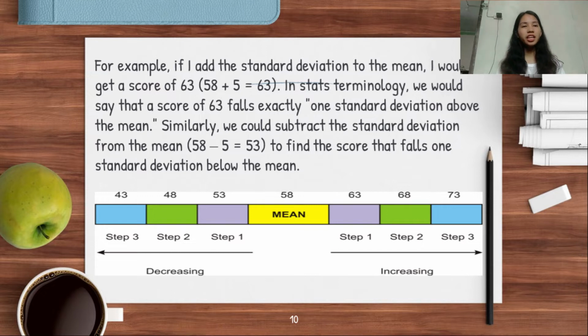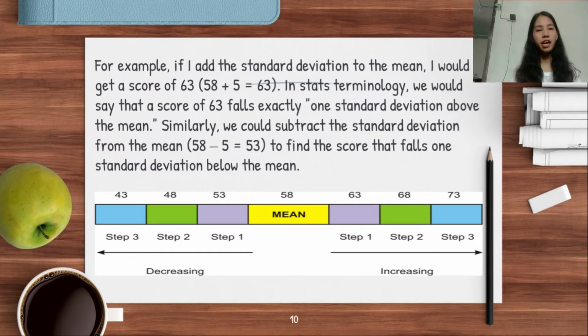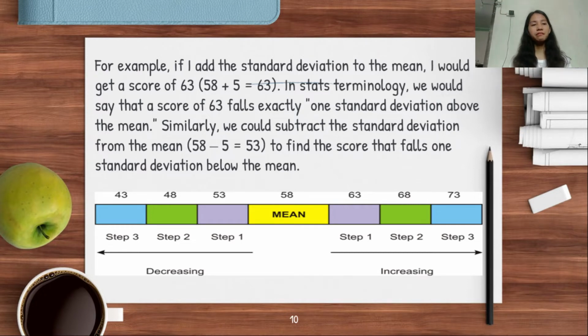For example, if I add the standard deviation to the mean, I would get the score of 63: 58 plus 5 is equal to 63. In stat terminology, we would say that a score of 63 falls exactly 1 standard deviation above the mean. Similarly, we could subtract the standard deviation from the mean: 58 minus 5 is equal to 53, the score that falls 1 standard deviation below the mean.